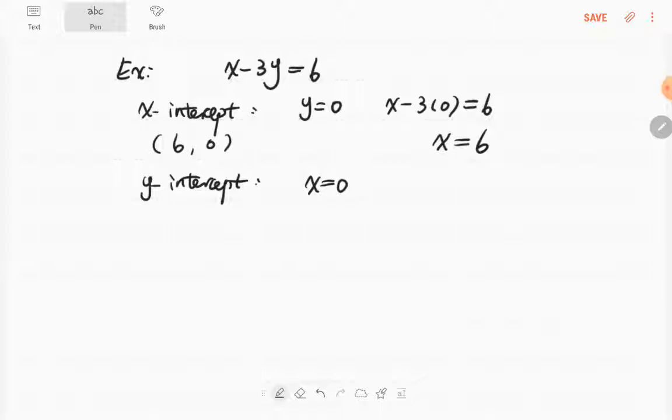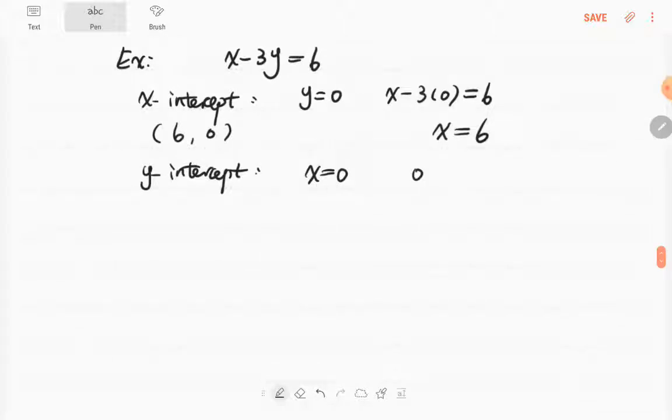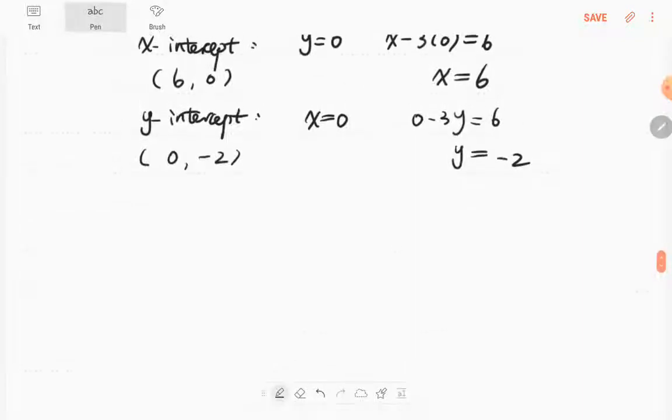Then we use 0 to replace the x in the equation. We will have 0 minus 3y equals 6. Then we solve for y and get negative 2. Then we get the y-intercept value. Of course, x equals 0 and y is negative 2. So we can use these to help us draw the graph if needed.